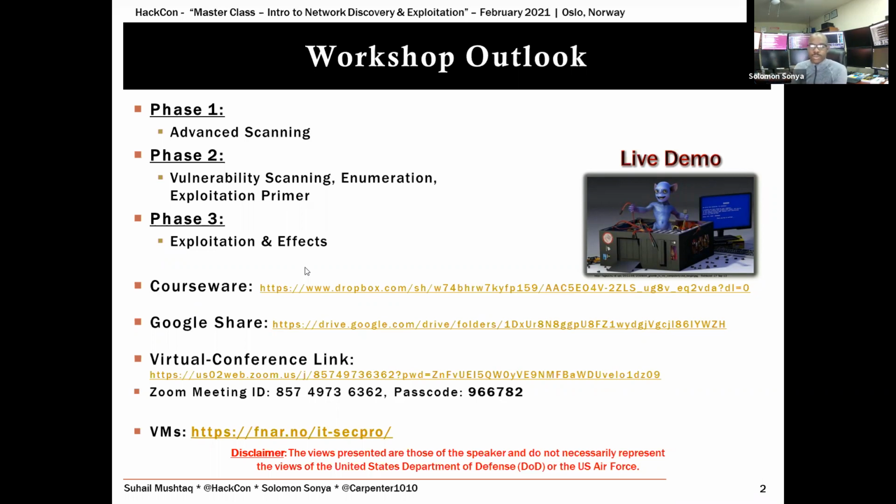Then tomorrow, we'll get into some vulnerability scanning and vulnerability discovery. We'll do additional enumeration, and then we'll get started with our exploitation primer. So the exploitation is how do we use an active method with common open source tools right now to access and to exploit a vulnerable system or vulnerable computers on the network.